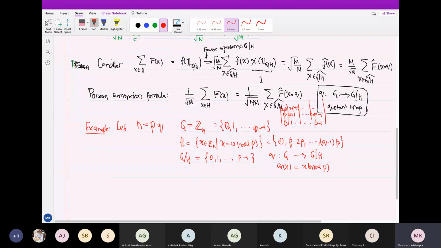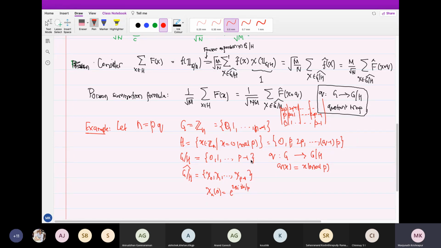So what is the formula telling us? What are the characters of G mod H dual? We know they are these complex exponentials. So we can write G mod H dual as chi 0, chi 1, up to chi p minus 1, where chi k of j is e to the 2 pi i j k over p.